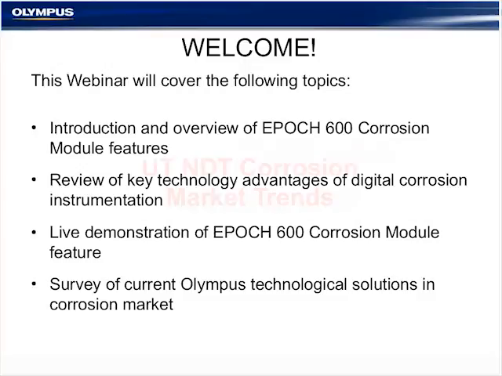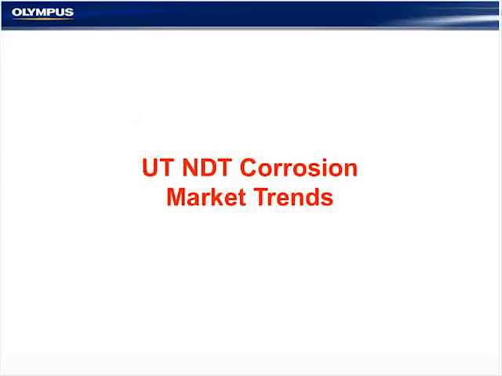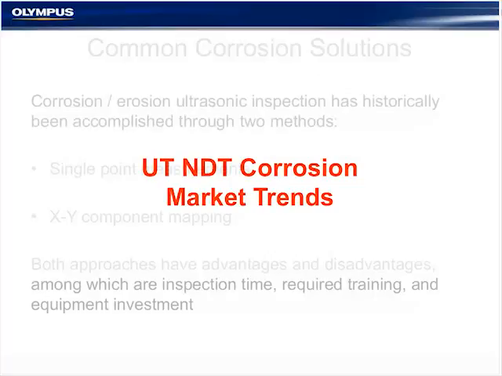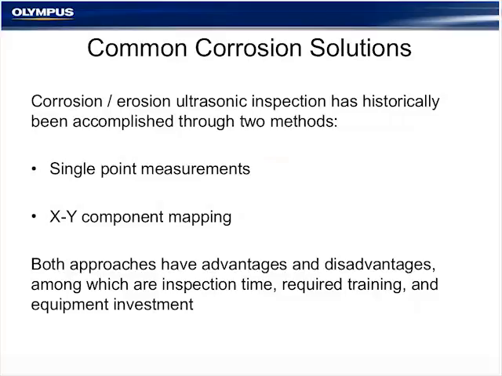So to start off the webinar today, we'd like to talk a little bit about ultrasonic NDT corrosion market trends. When we talk about the corrosion market, and I should specify, we're really talking of the corrosion and erosion market, commonly abbreviated as the corrosion market.